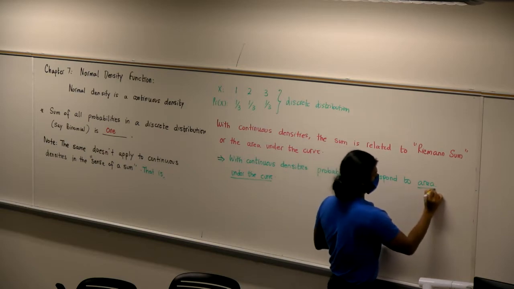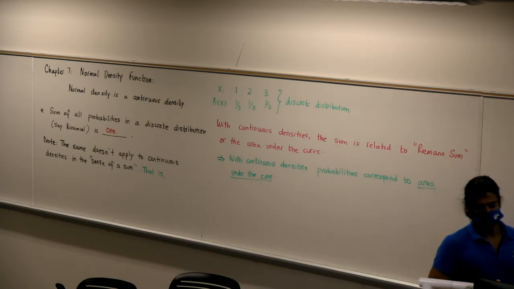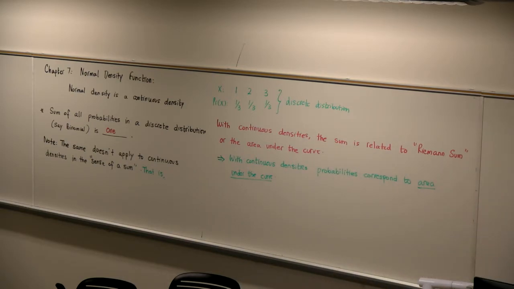And that is very key to interpreting probabilities that you would find with continuous distributions. It is the area under the curve.